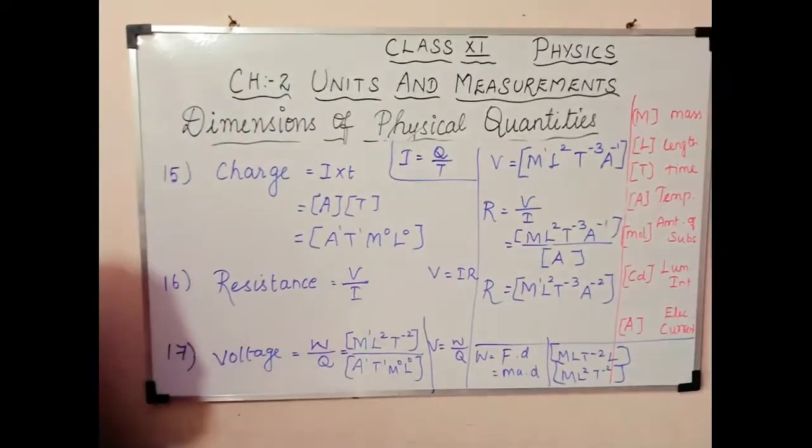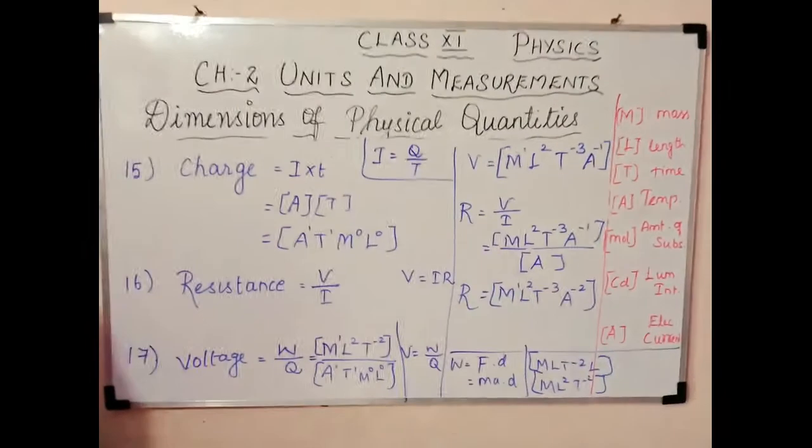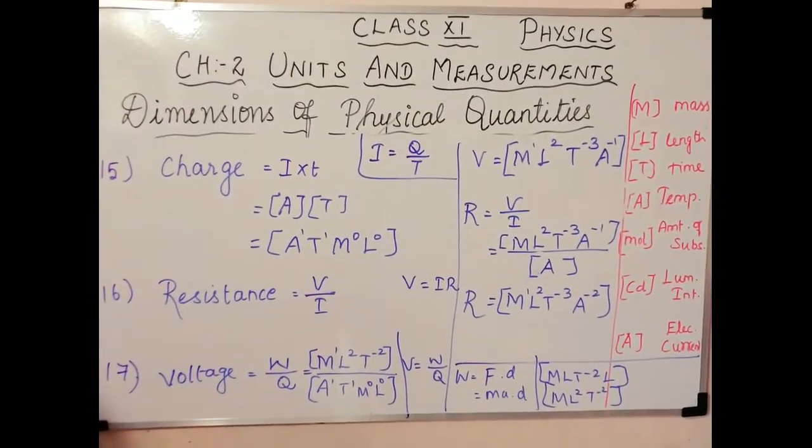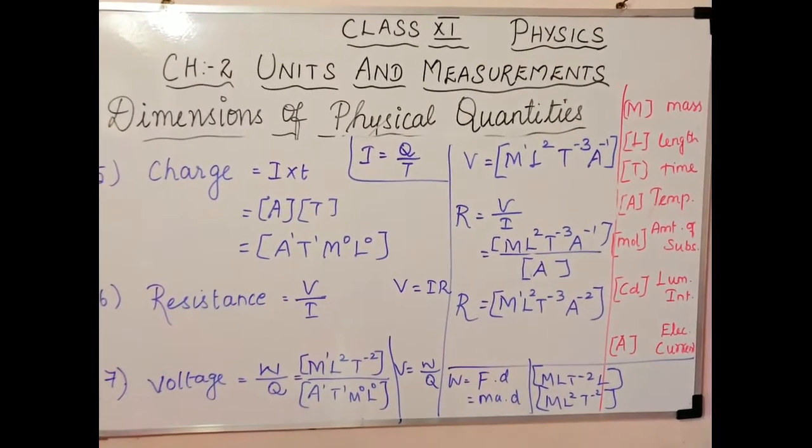So this is the dimensional formula for resistance. This is how you have to find the dimensional formula for physical quantities.